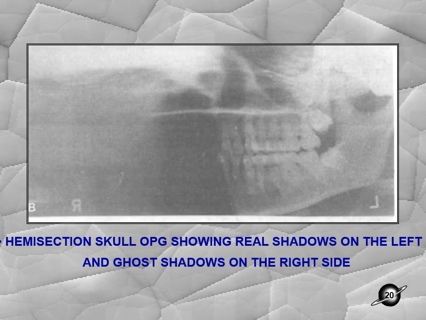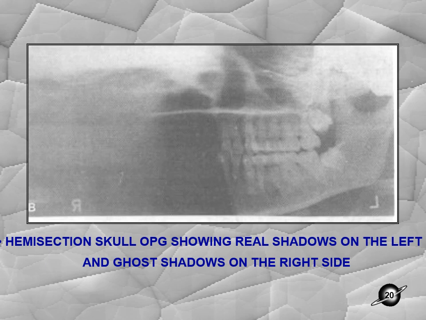ghost images. Here we give a small demo of how ghost images appear. You take only a hemisection of a skull, which has only a left hand side skull. You take an OPG. In an OPG machine, this is how the image appears. We are supposed to see only structures on the left hand side because there are no right hand side structures.